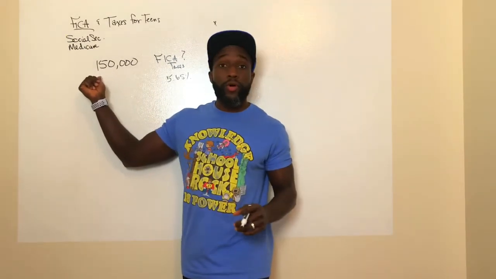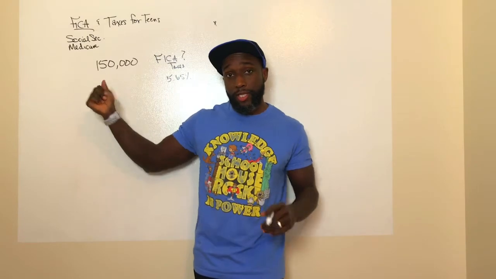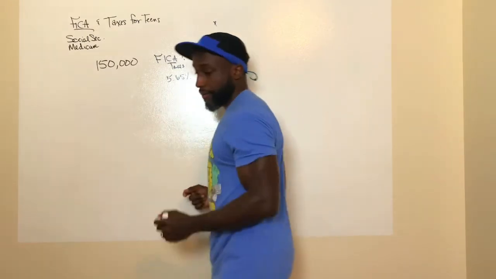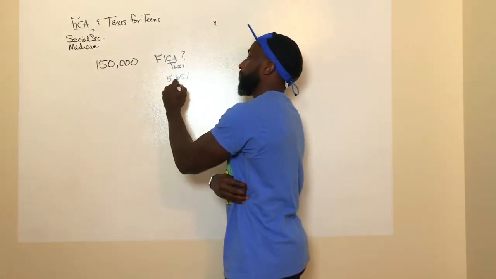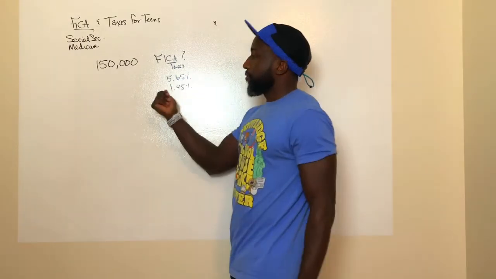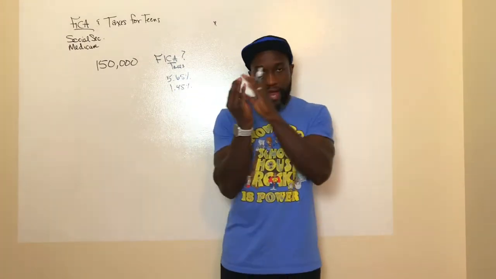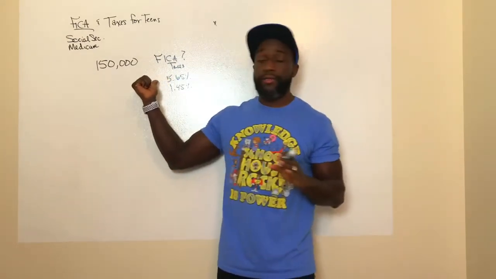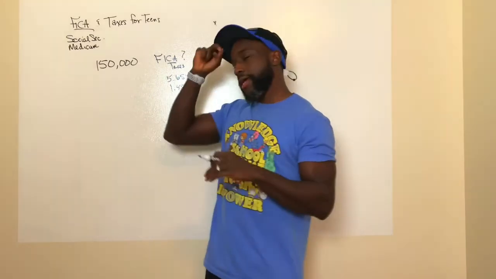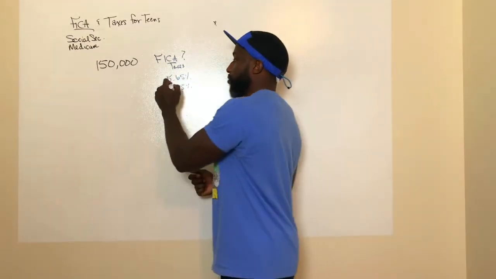If you make more than $110,000, everything above $110,000 is going to be taxed at 1.45%, and everything from $110,000 and less is back at the 5.65%, which is quite interesting. But anyways, that's what we're going to be looking at.